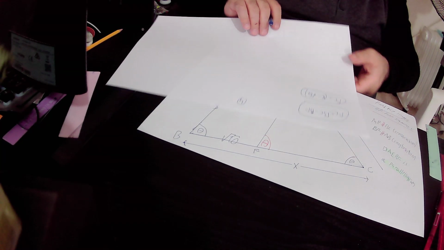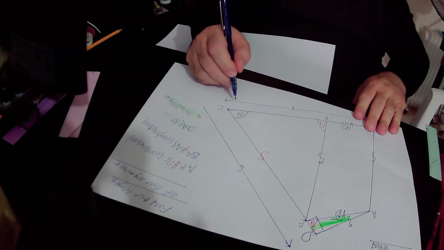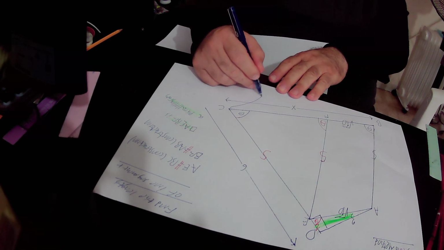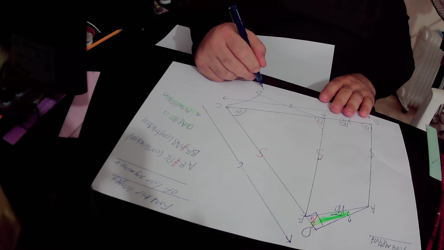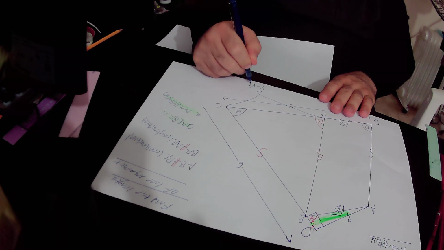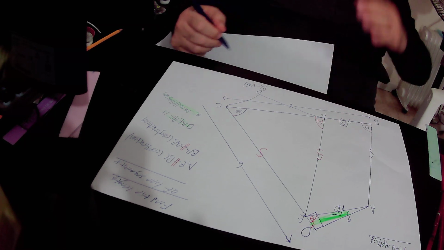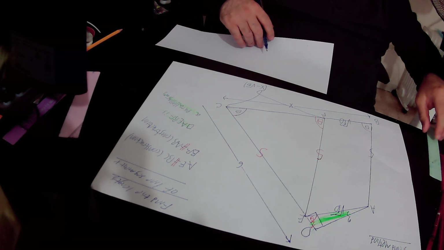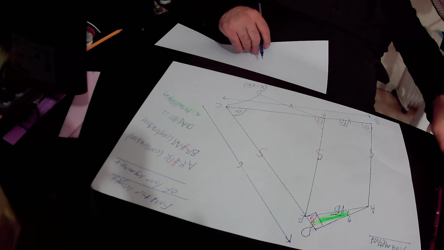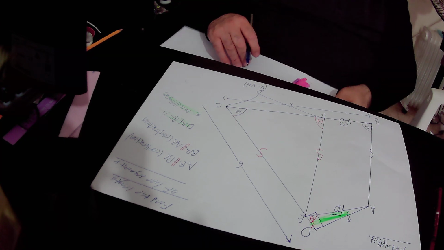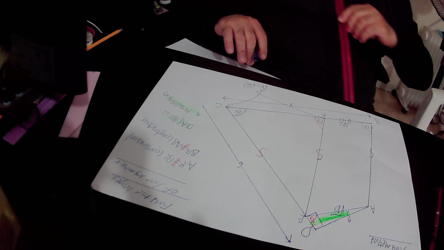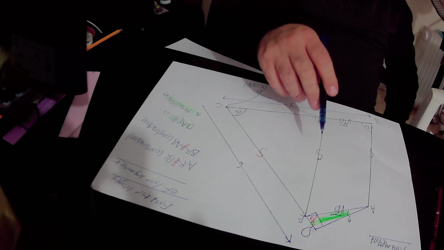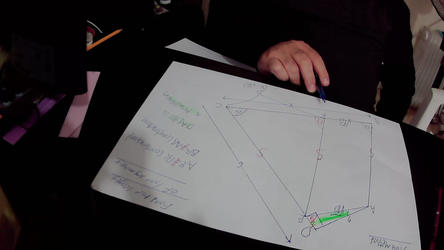So I write here that FC equals X minus square root of 10 units. In the next step we draw a perpendicular from point E to the base of the isosceles triangle EFC.